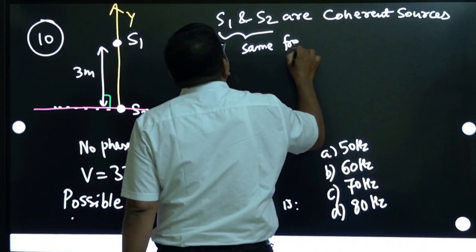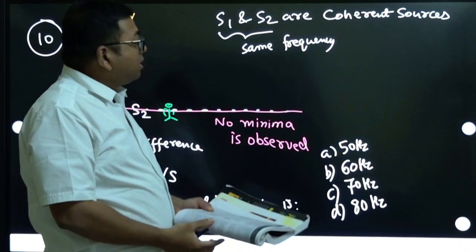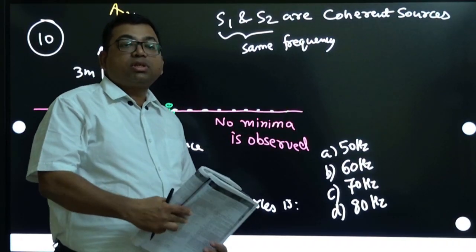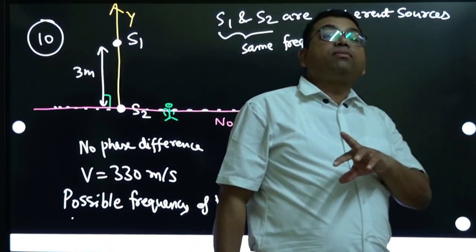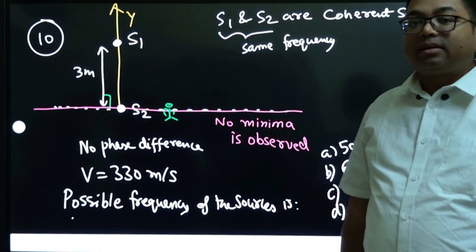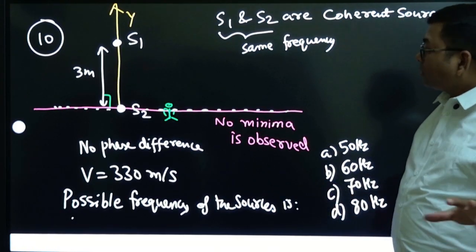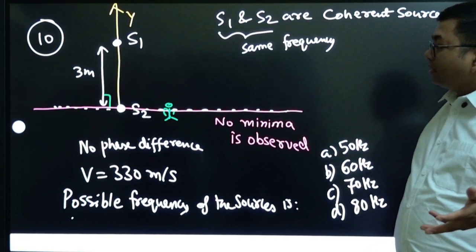So they don't have two different frequencies. So definitely this is not a question of beat, because beats have different frequencies, and the person is walking over that, so he is not standing at one point, right?